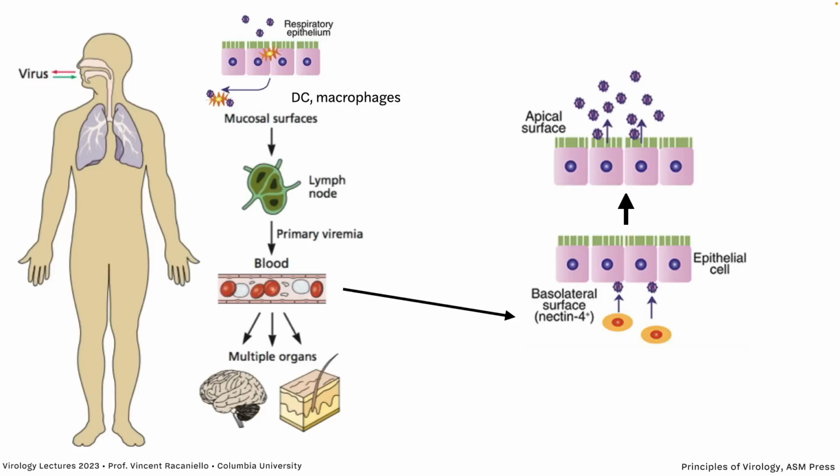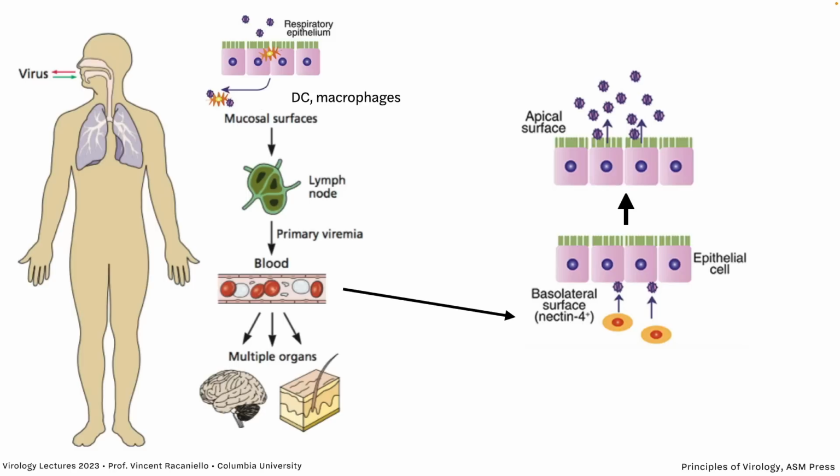And then it has to get out again, right? So now it's in the blood. How does it get out to transmit to someone else by the respiratory route? Really interesting. In the blood, it can then reach the basolateral surface of the respiratory epithelium. That's where it needs to go to transmit. On the basolateral surface, there's a receptor called Nectin-4.